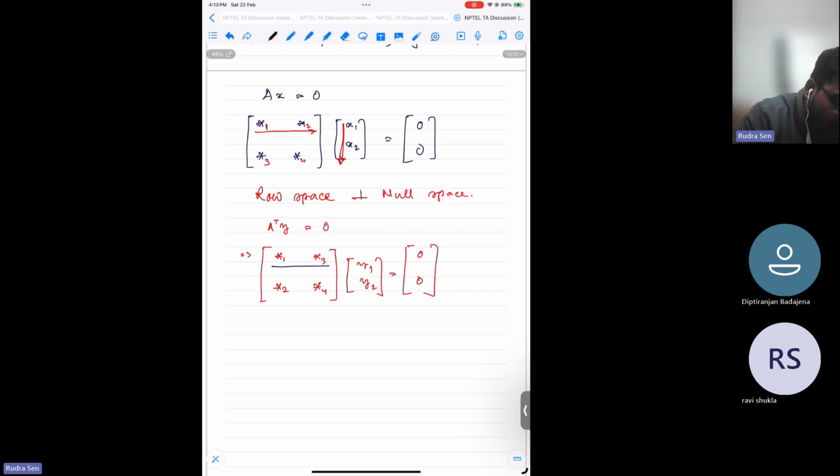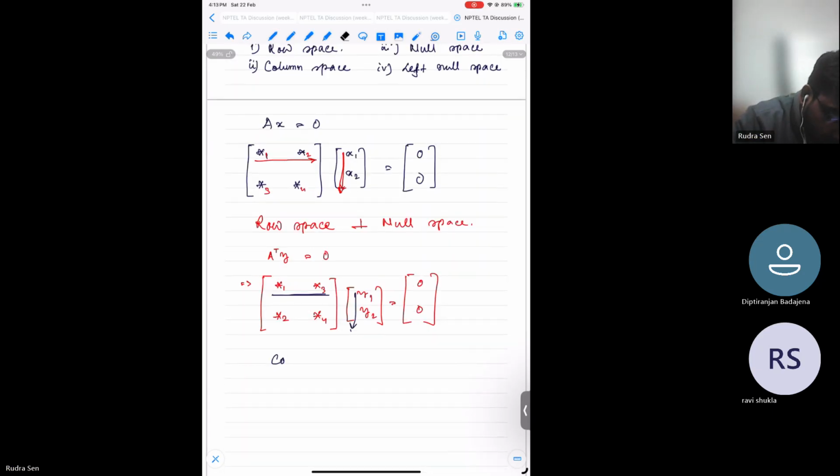So a row is multiplied with this column. That means row space of A transpose is perpendicular to null space of A transpose. That means column space is always perpendicular to left null space.